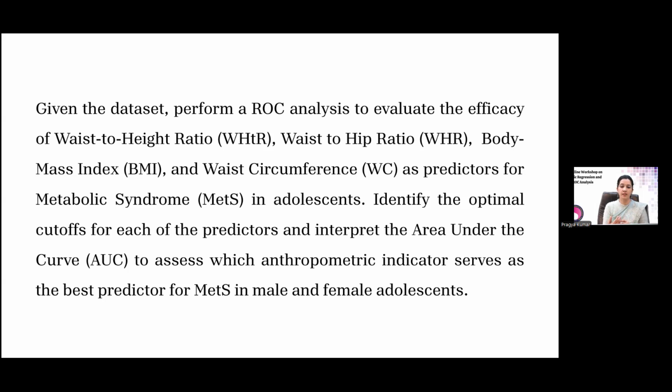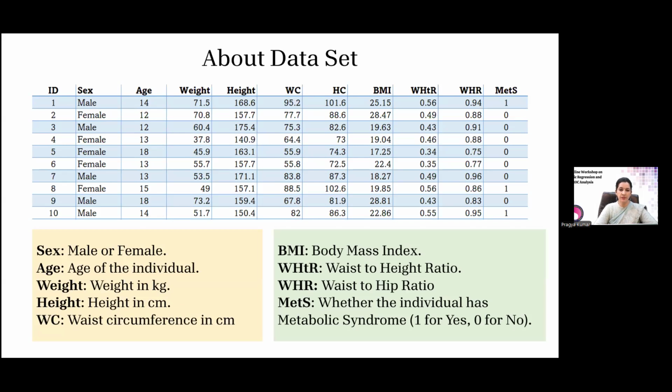We have to identify the optimal cutoff point for each of these predictors, interpret the area under the curve, and judge the best cutoff for males. We also have to see it gender-wise, male and female, whether it is the same or different.